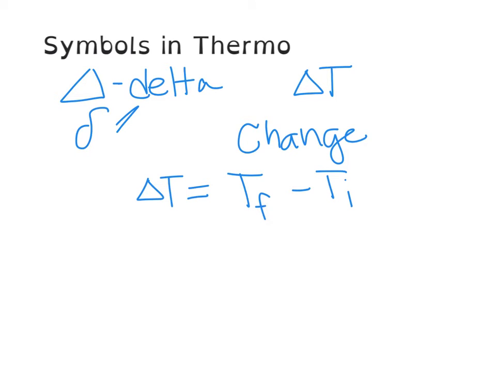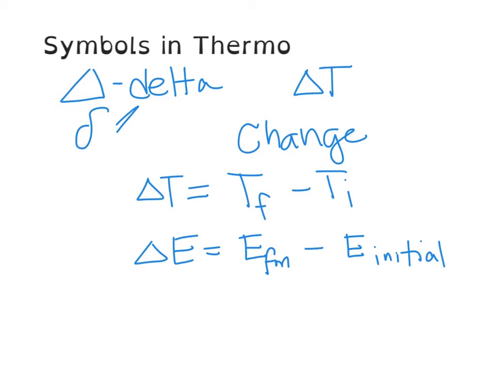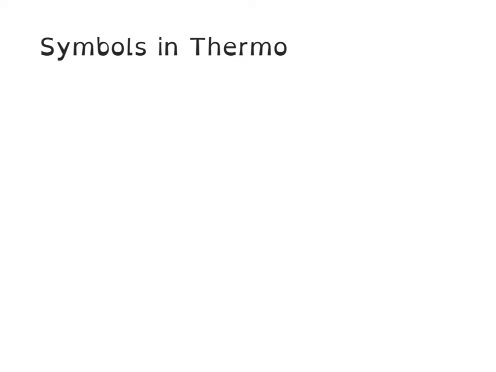You can also apply delta to E. So we'd be looking at the final energy minus the initial energy. And so when you see the change, it's really just asking you to compare the beginning and the end points. And instead of giving you a subtraction, they're going to label it as delta and the variable. Some additional variables that you will see: E, and E is going to stand for energy.